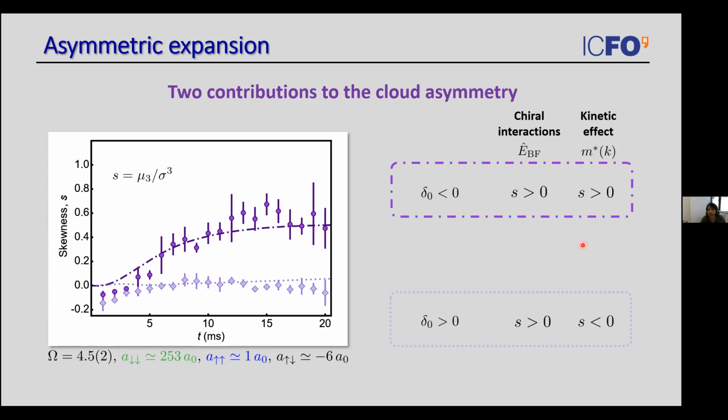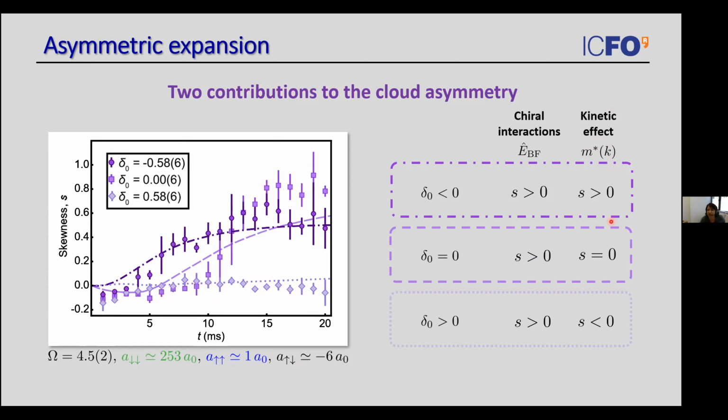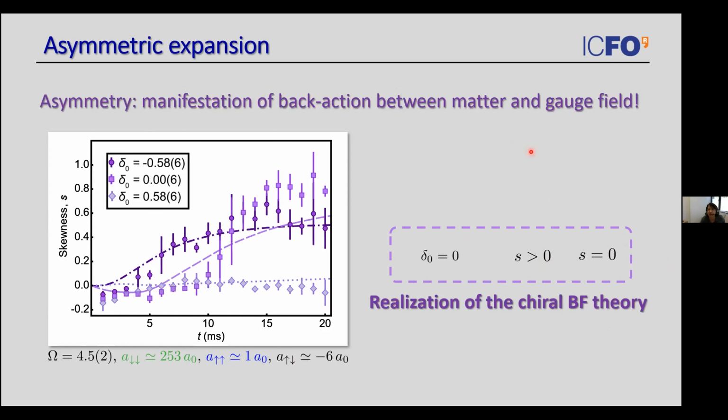But there is a sweet spot in between where these kinetic effects cancel out, and we only have the electric field effects. And actually, this is one of the conditions that we have to map our system into the chiral BF theory. So the fact that we see asymmetric expansion here is directly a manifestation of the back action between matter and gauge field. We change the density of matter, and then we have an electric field that appears.